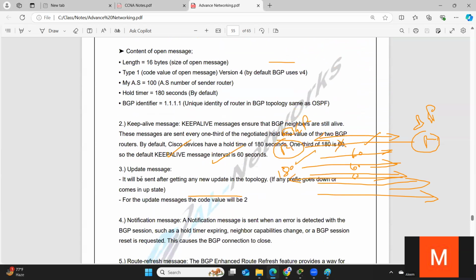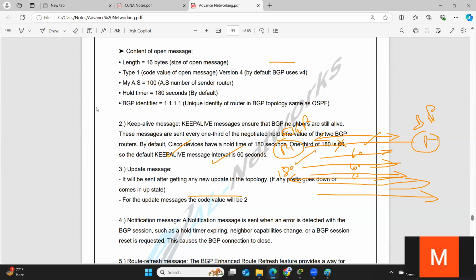Once they form the neighborship, they will send prefixes through the update message. It is sent after getting any new update in the topology. Again, if there are any updates, they will send an update message. In the content, they send the entire prefixes.